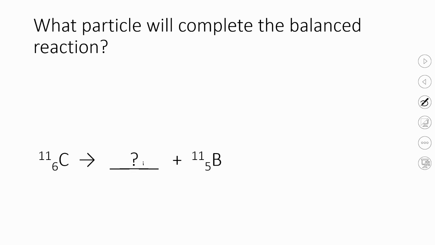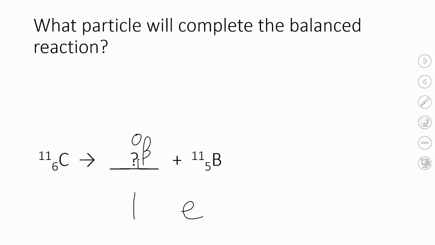So we could do beta plus, or we can use an electron symbol, 0 and 1. 0, 1 e is what you would put down here. Okay, so then 1 plus 5 gives us 6. 0 plus 11 gives us 11. So that's another way they can ask this question.